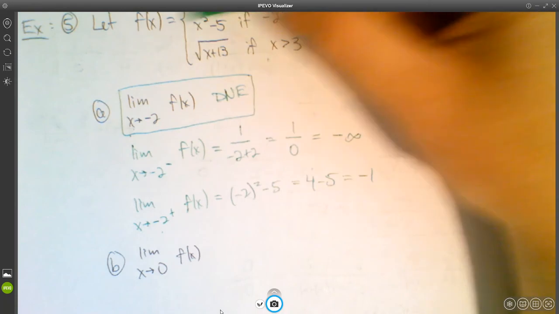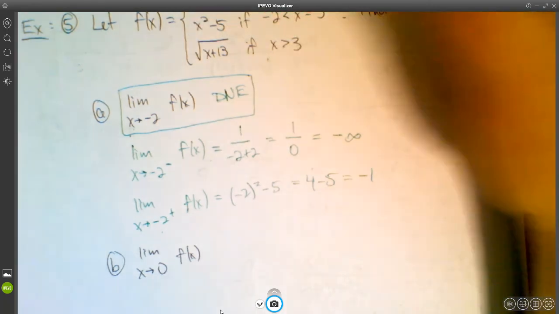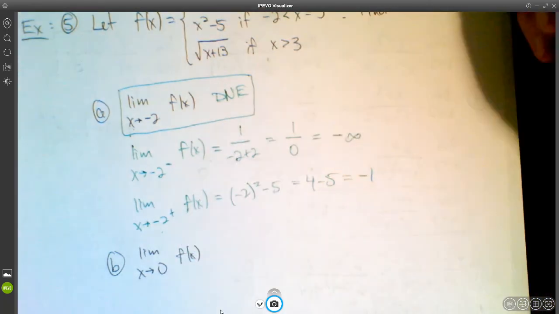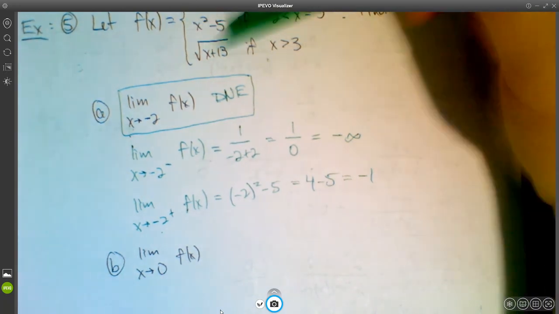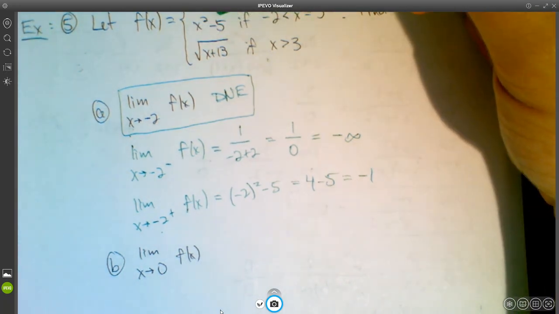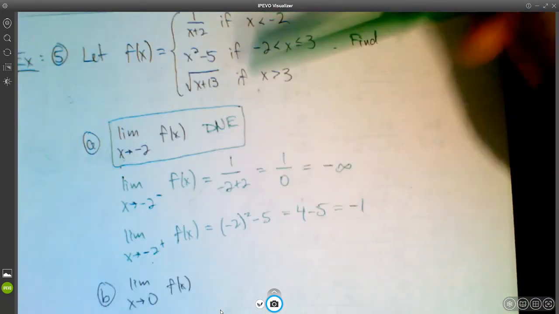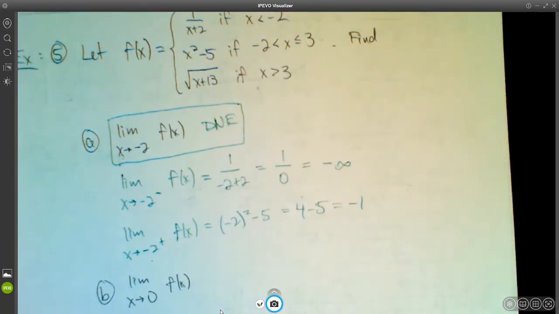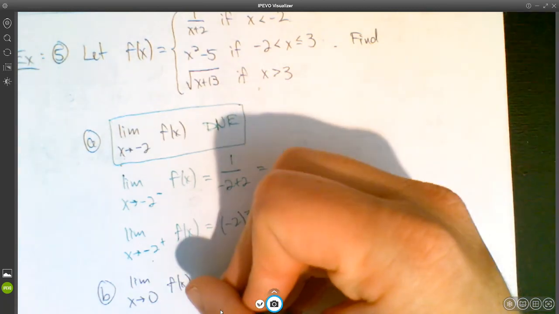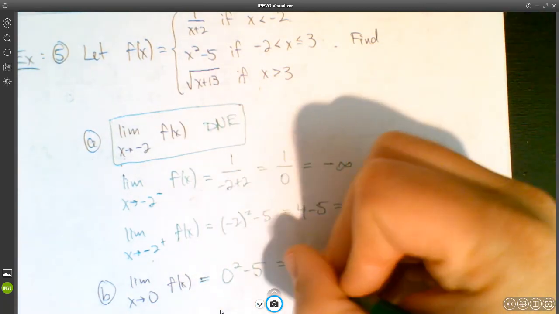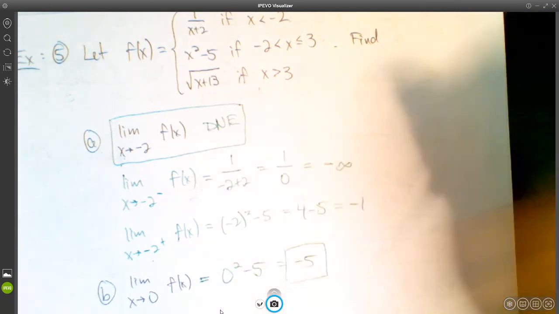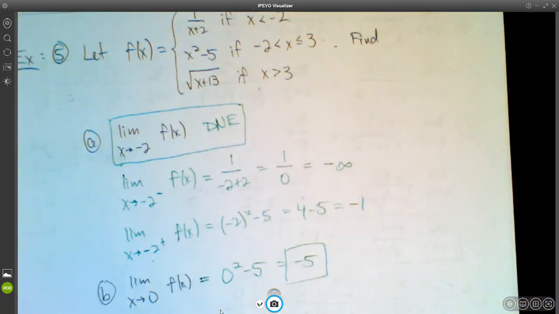So again, I'm going to be using this middle rule, and f doesn't change rules at x equals 0, right? I'm going to be using the middle rule whether I approach from the left or from the right. So I think I can just find this directly by saying this is just going to be 0 squared minus 5, which is negative 5. Okay, and that's all there is to part B.